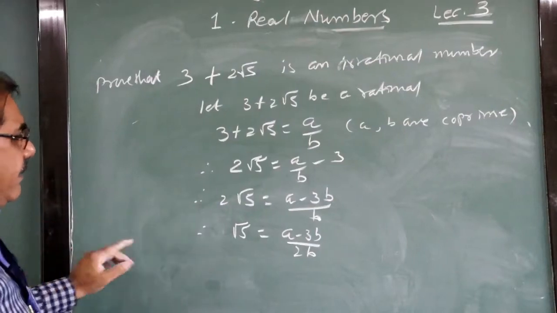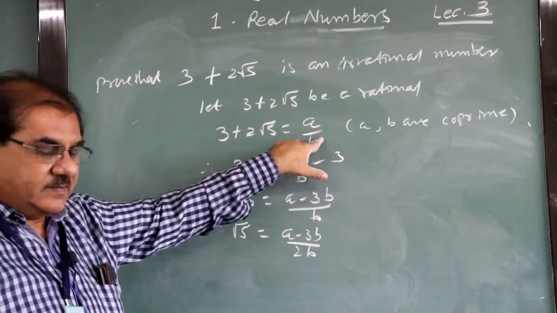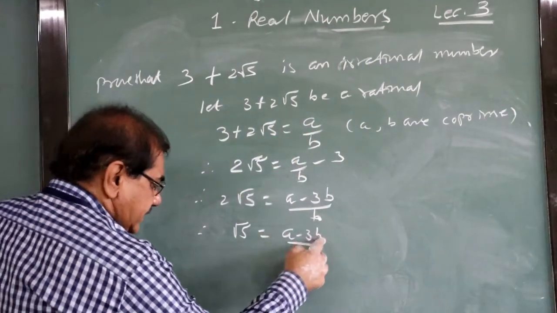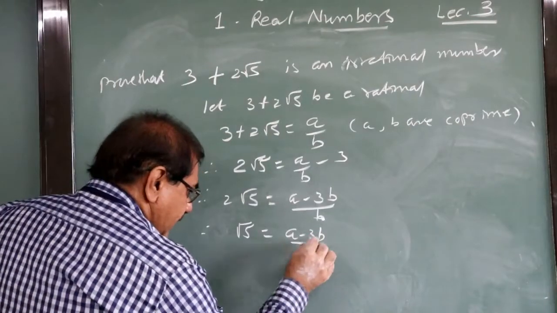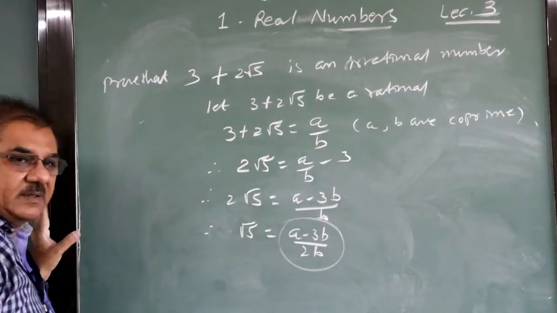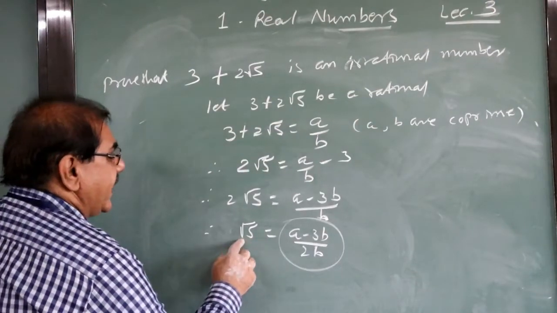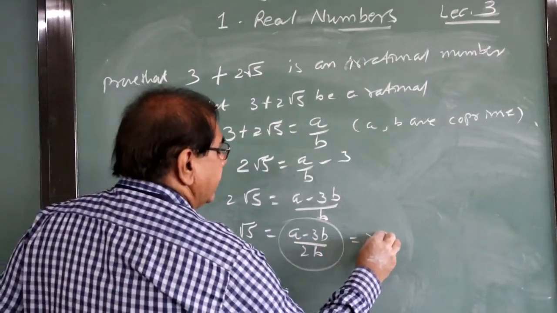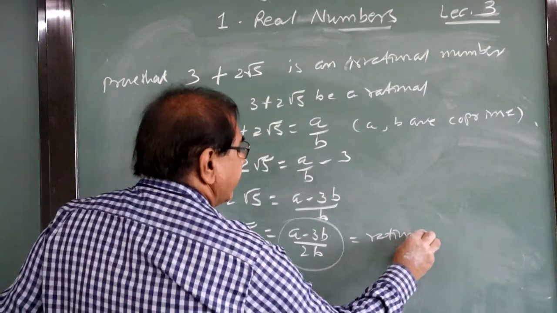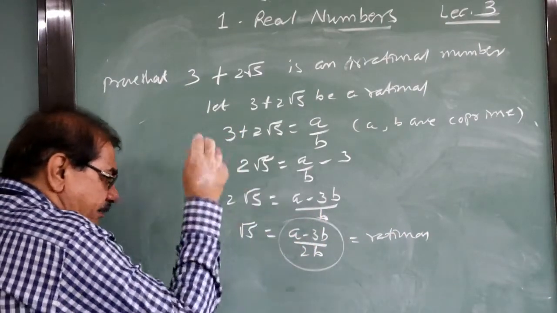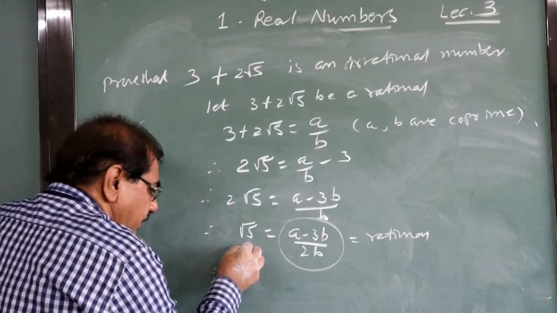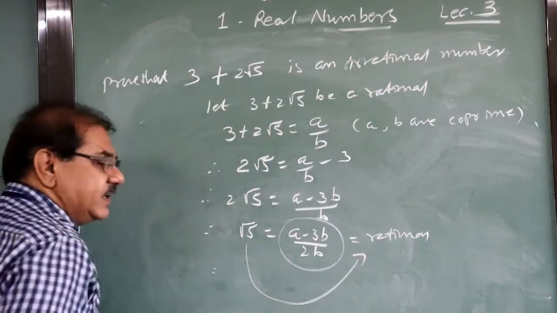Okay? Now remember, A and B both are integers. So A minus 3B upon 2B will also be a rational number, integer upon integer. So ultimately, root 5 is equal to a rational number. But we already know that root 5 is not a rational number.